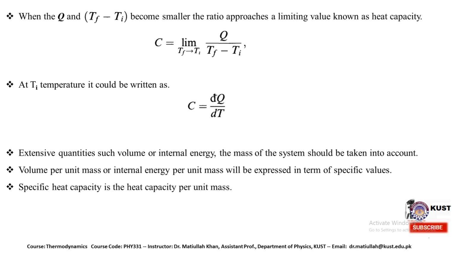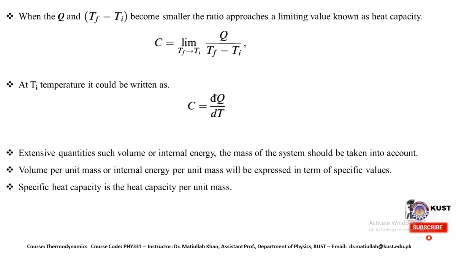Extensive quantities such as volume or internal energy depend on the mass of the system. We discussed in the previous chapter intensive and extensive variables. Intensive variables do not depend on the mass of the system, so if we divide the system in two, the value remains the same, but extensive variables depend on the quantity or mass of the system. Internal energy is also an extensive variable, so the mass of the system should be considered.